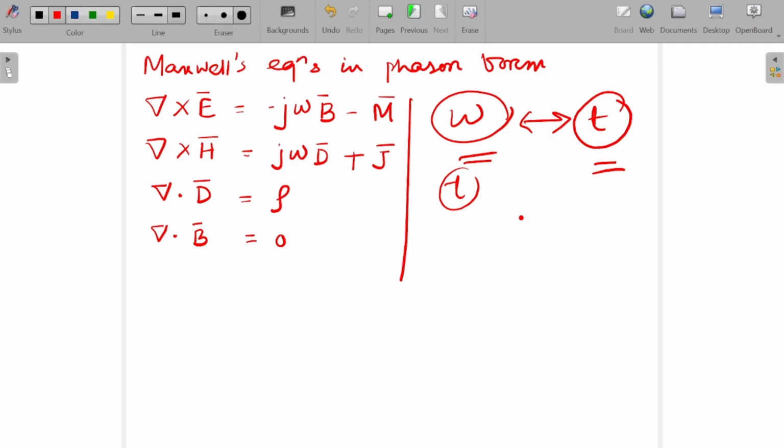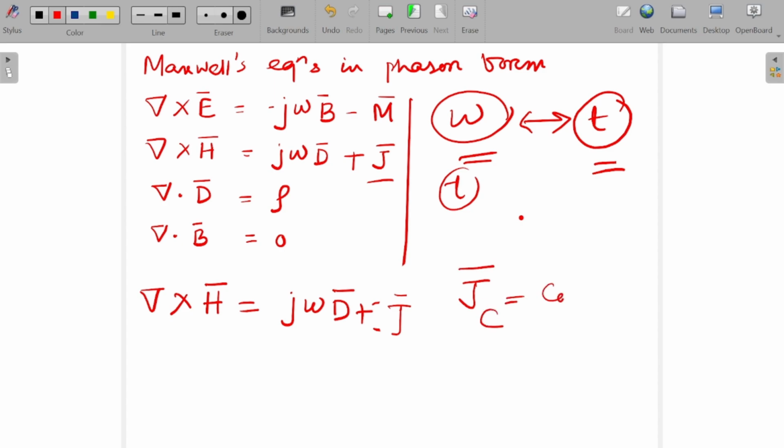So now from this we can define another two. From equation number 2, del cross H is equal to j omega D plus J. Here this J is the conduction current density, and this term, so we can replace like this.